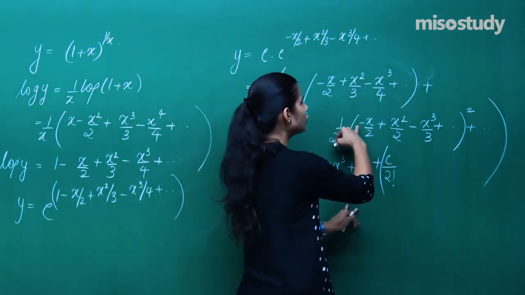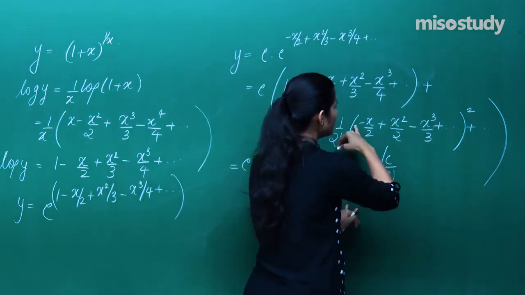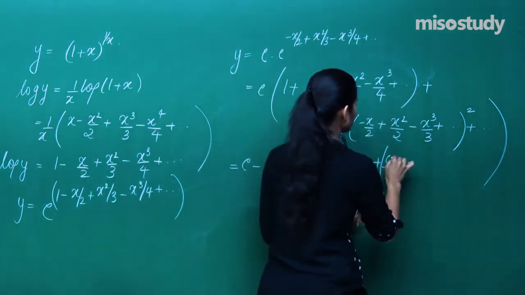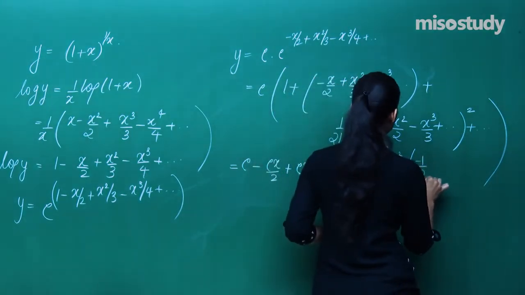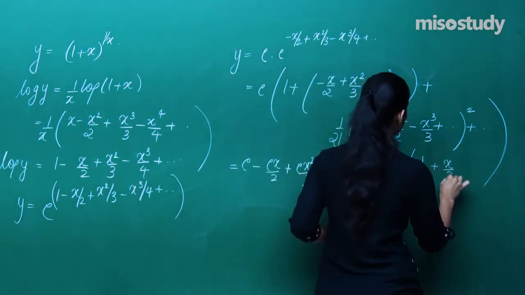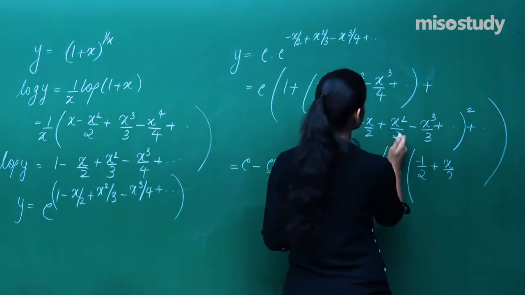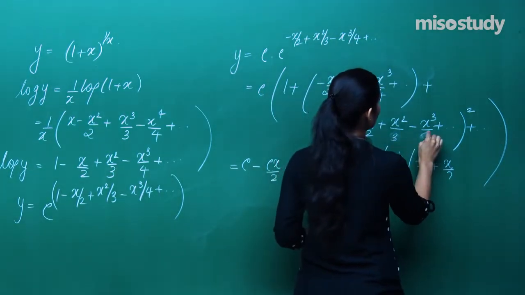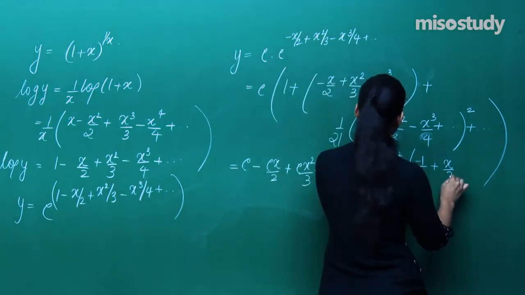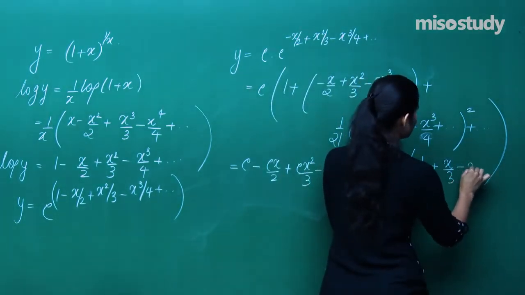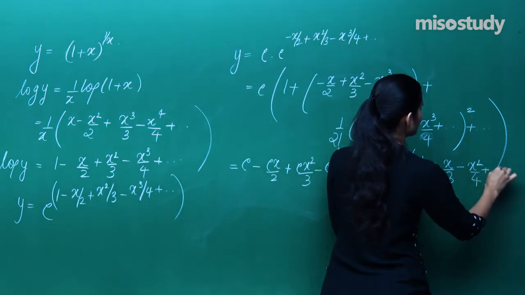So from here you can take out x common. When you take out x common throughout, actually x square comes out. And inside you are left with minus 1 by 2 plus x by 3 minus x square by 4 and so on.